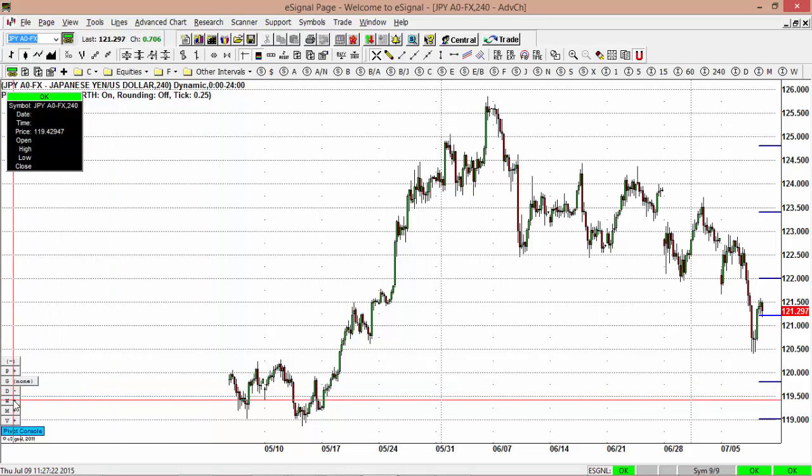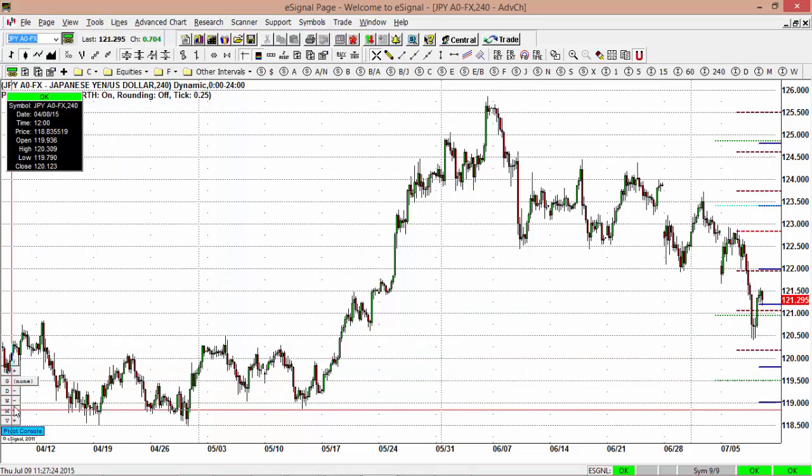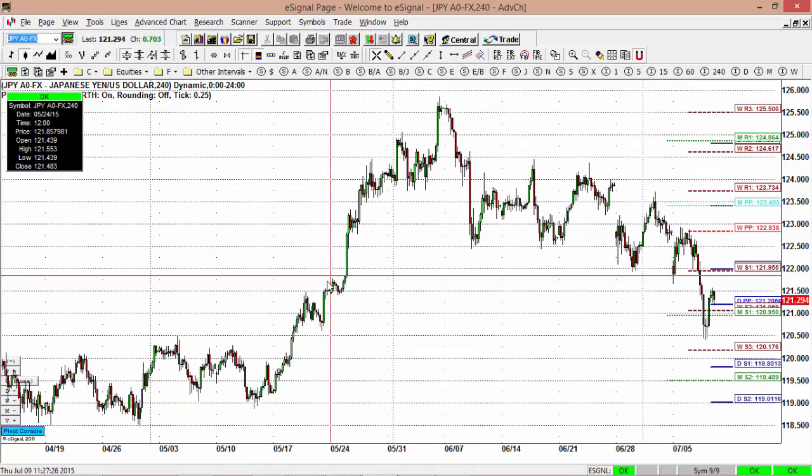The monthly pivot point comes in at 120.95, and the market actually bottomed at 120.50.